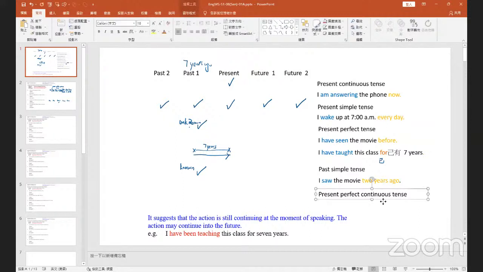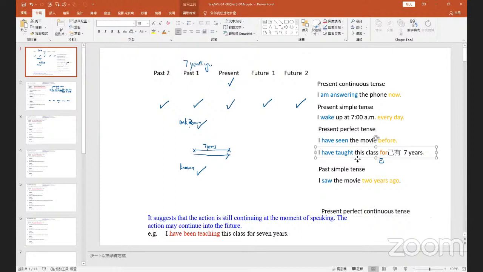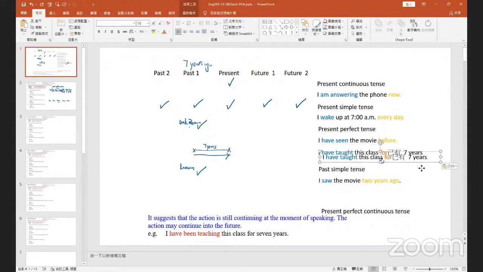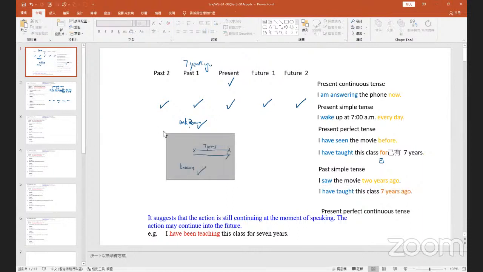Now notice the difference: for 7 years is not the same as 7 years ago. If it is 7 years ago, it is 7 years ago and finished. Maybe I use other symbols.